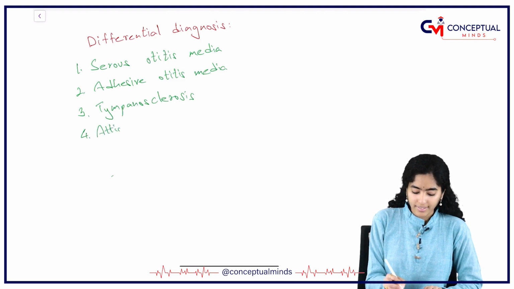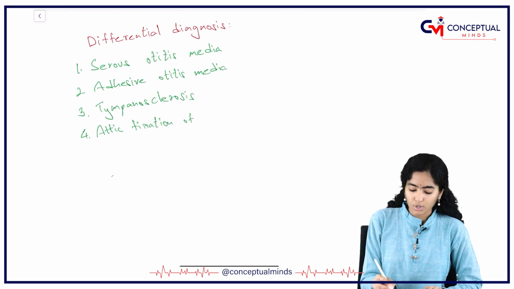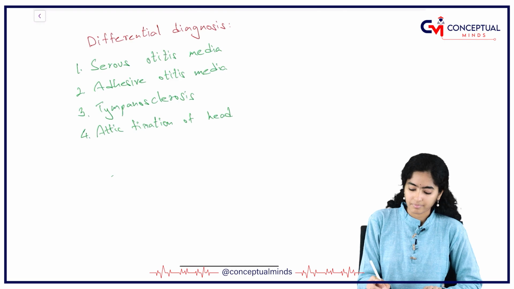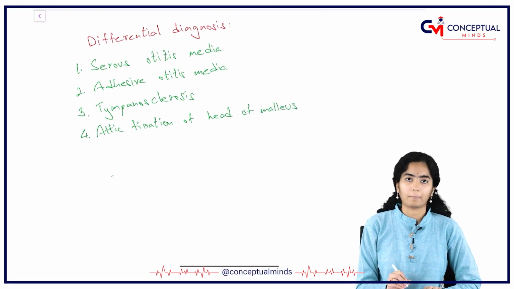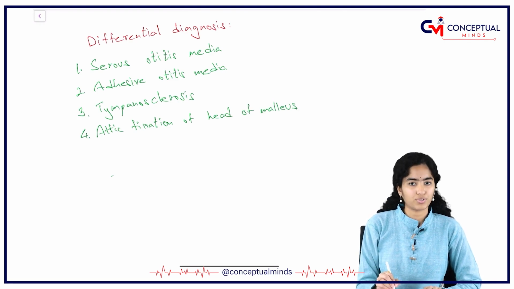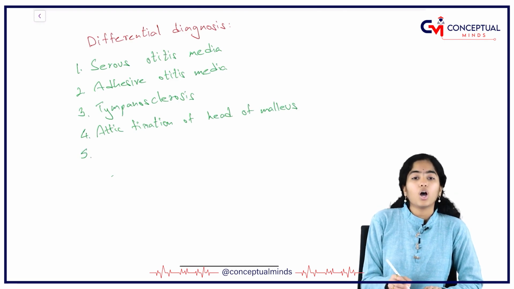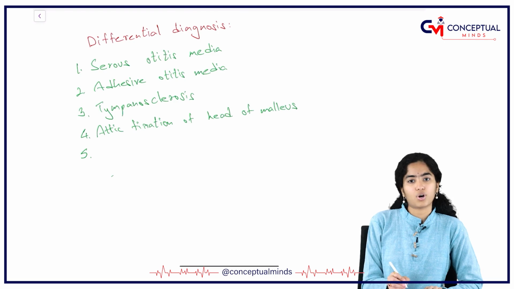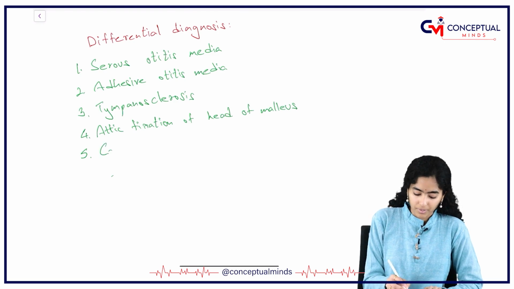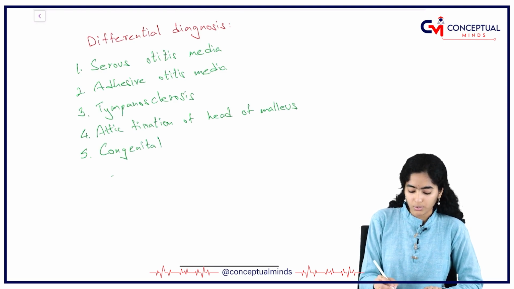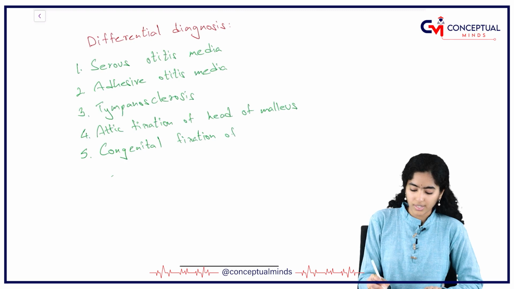So, attic fixation of head of malleus. That will also show low compliance in impedance audiometry. And finally, congenital fixation of ossicles is also possible. Not because of otosclerosis, but congenitally only the ossicles could be fixed.